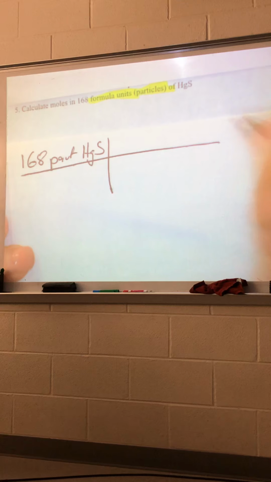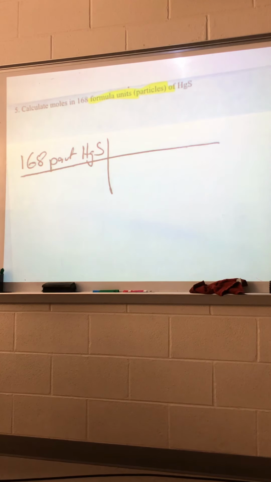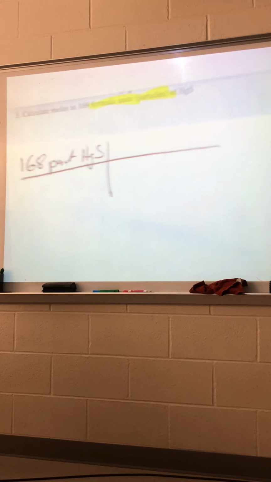Okay, and now I need to change it into moles. So how should I change this into moles? How do I change particles to moles?